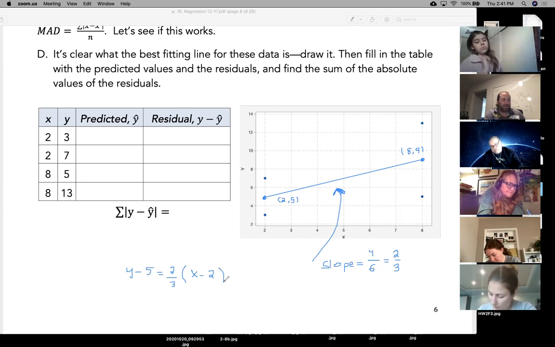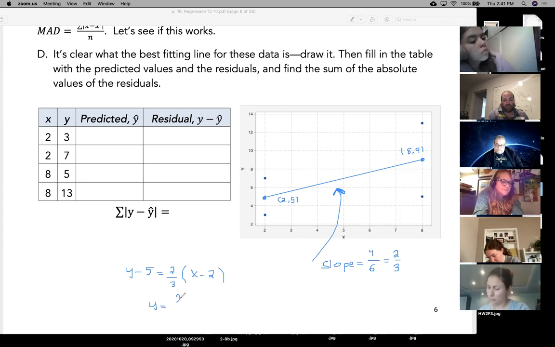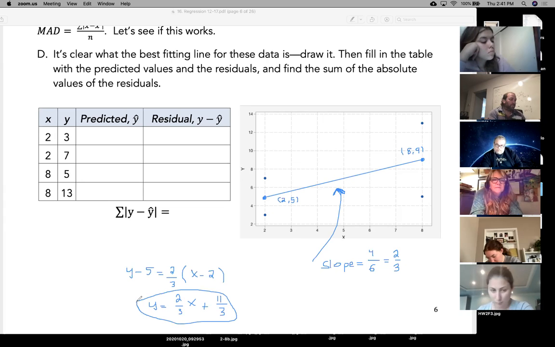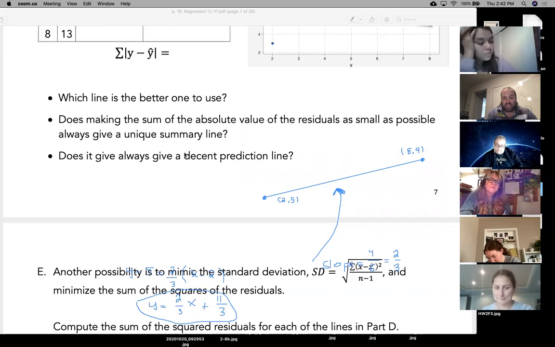I can write it out as y equals 2/3 x minus 4/3 plus 5, so plus 11/3. So this is the equation of the line: y equals 2/3 x plus 11/3.